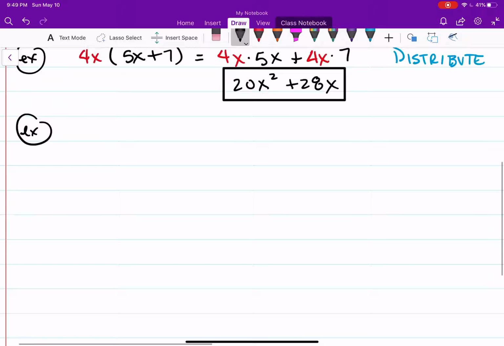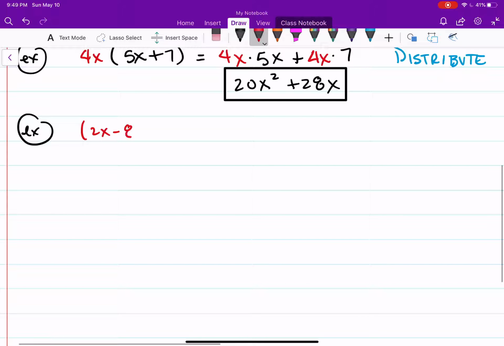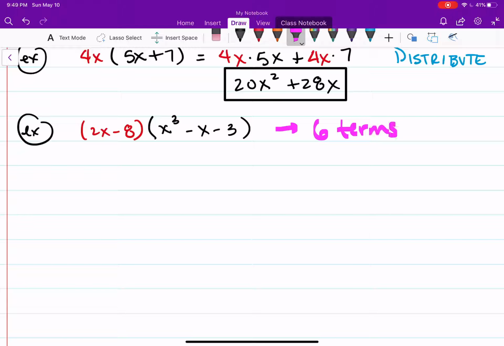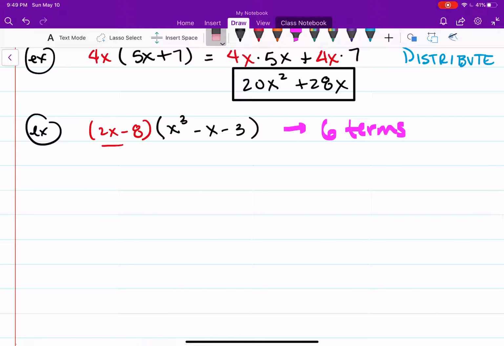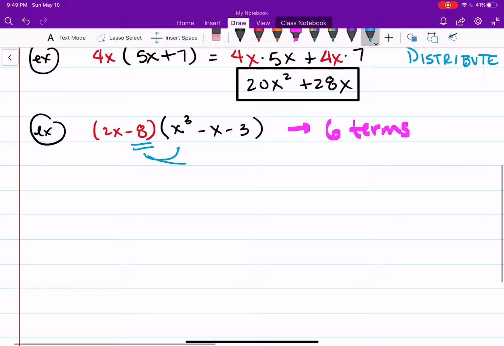So if I have a binomial times a trinomial, I know that this should give me 6 terms. What we would do with this is called a double distribute. Meaning I'm going to take the 2x and distribute it, and then I'm going to take the -8 and distribute that.